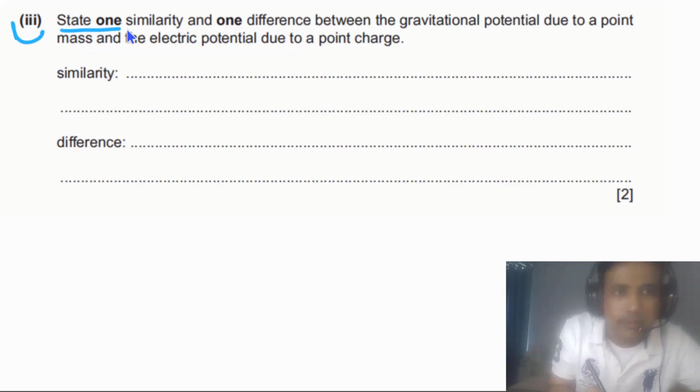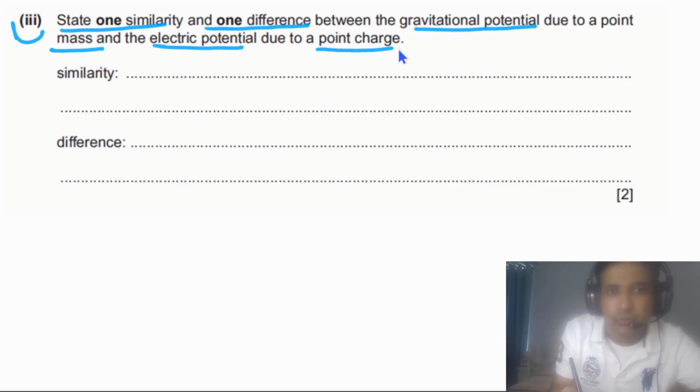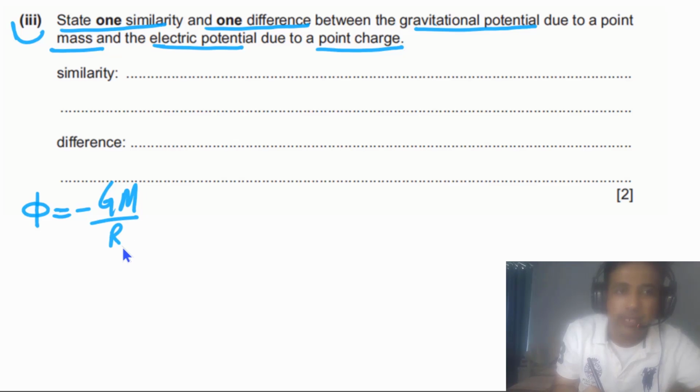The third part says state one similarity and one difference between the gravitational potential due to a point mass and electric potential due to a point charge. First of all, let's understand gravitational potential. Gravitational potential is equal to negative GM divided by r, where M is the mass and r is the distance from the point mass.